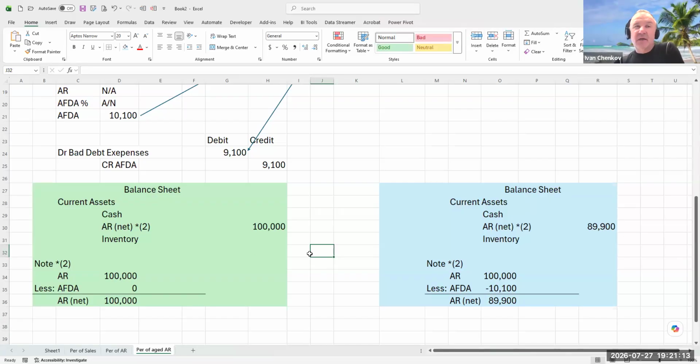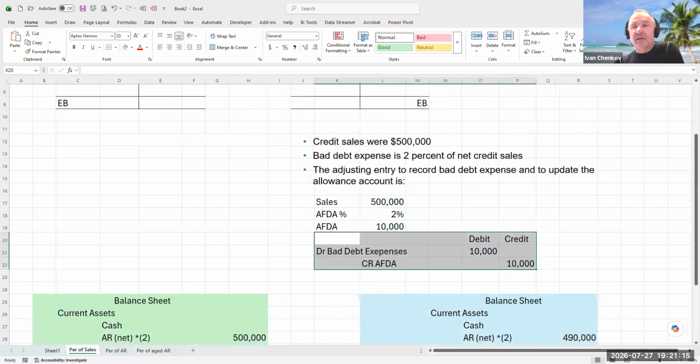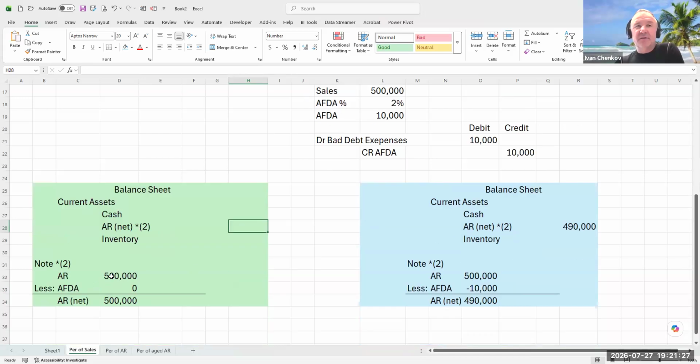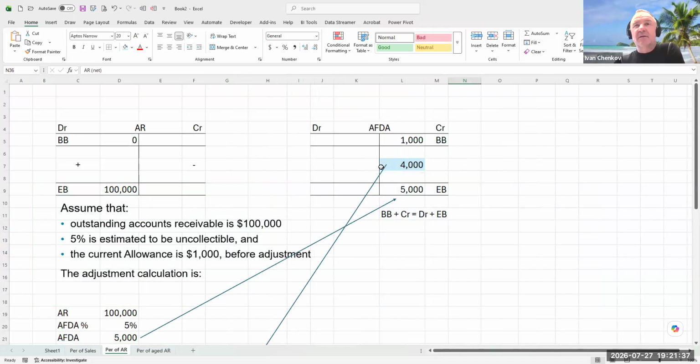Those are the three methods. Now again, the difference is how we calculate the bad debt expense. On the percentage of sales, everything is directly related to sales. We don't know how much the accounts receivables are here, so that would be wrong information. We shouldn't be doing it this way. But let's pretend this is a continuation from one case to another.